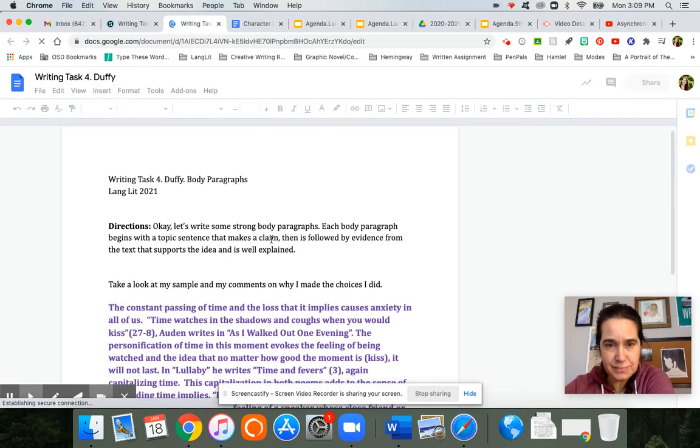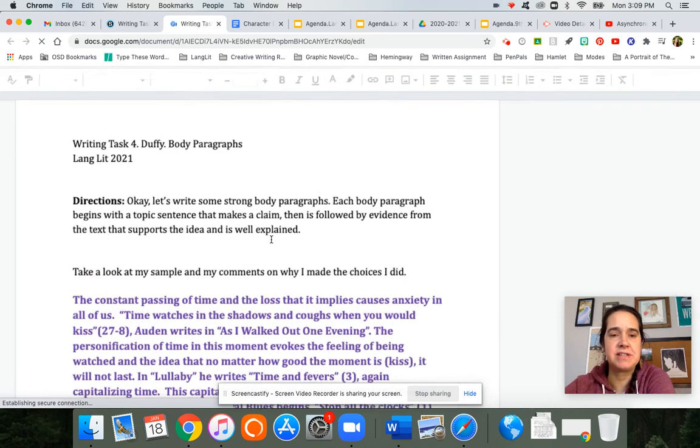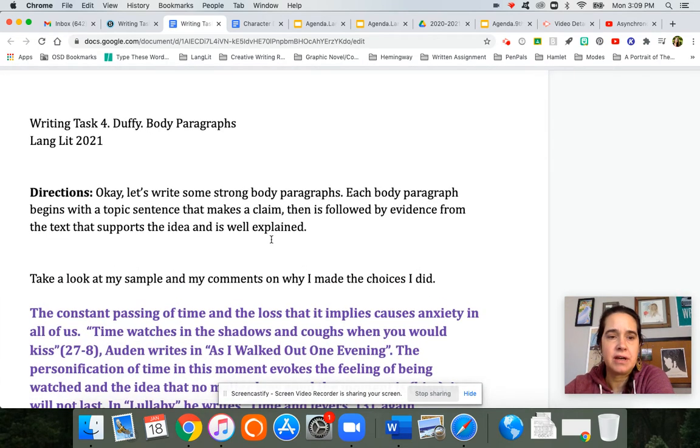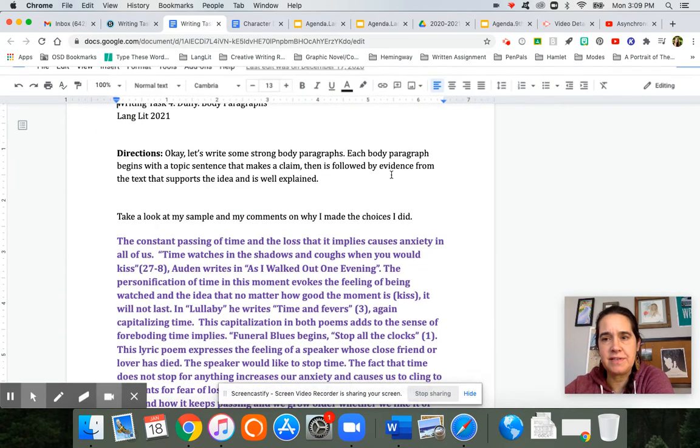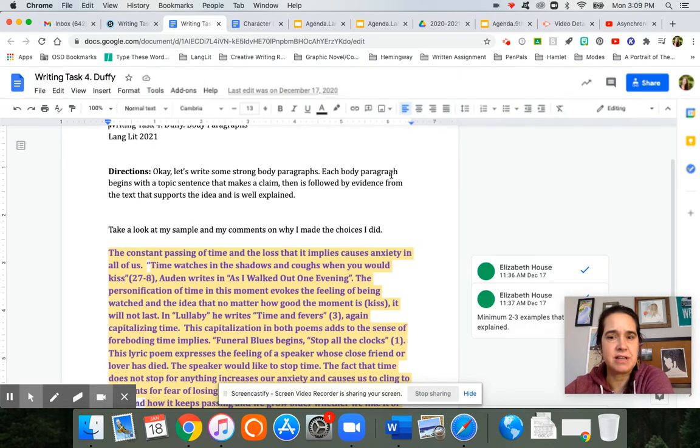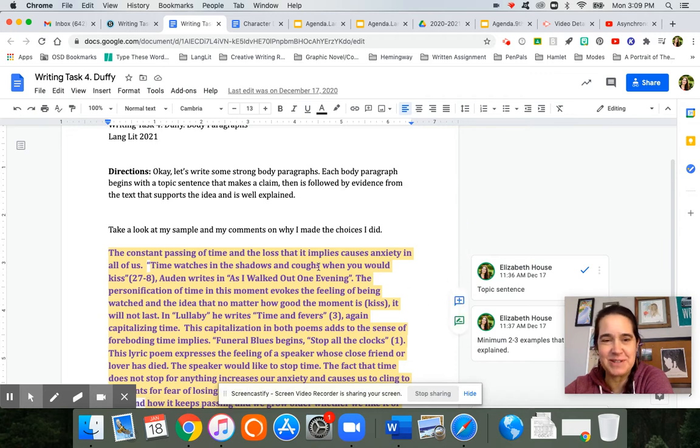So let's click on those directions and see what we're looking at. Today is about writing some strong body paragraphs. Each body paragraph begins with a topic sentence, which you already wrote, that makes a claim. So you've got that first sentence down. And then you've got this sample, which is also taking a minute to load. Okay, good. Now the comments are starting to come in.